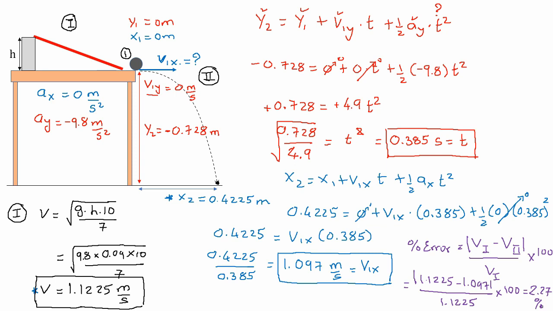Now next, you can increase the height of your ramp right here and rerun the experiment so that you get a different x2, and then since the drop is the same, we can use the same time that we calculated, so that all we need is the height at the beginning of the ramp.